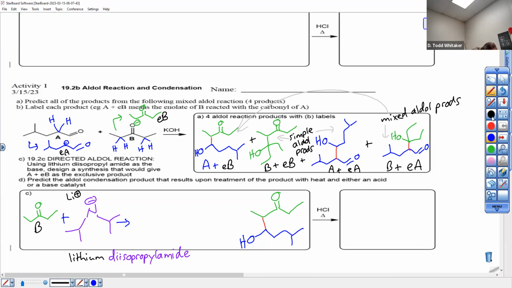Yes, we have to get used to the short form because it's used so commonly. LDA, we better know what it means: lithium diisopropyl amide. And that makes this in a very high yield. There's no equilibrium here. You're going from 20 to 40, right? Wow, that's a big difference.